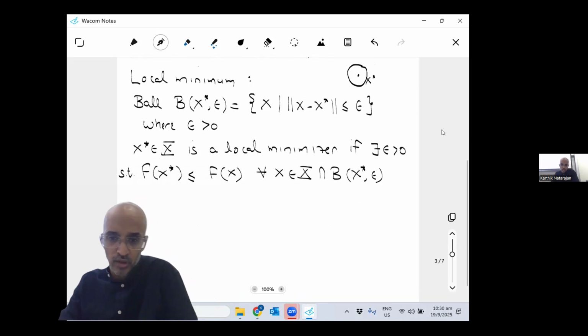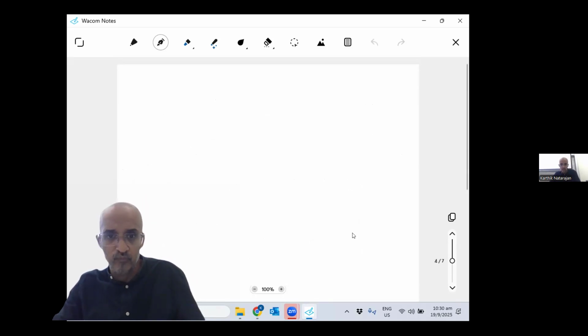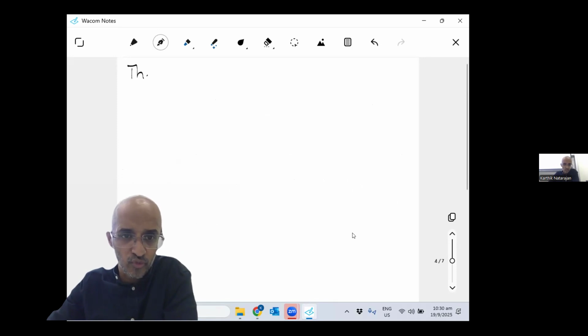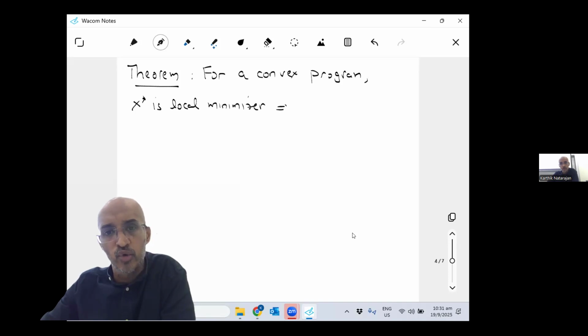Now the claim, so the first theorem we'll do today is, for a convex program, x star is a local minimizer if and only if x star is a global minimizer.